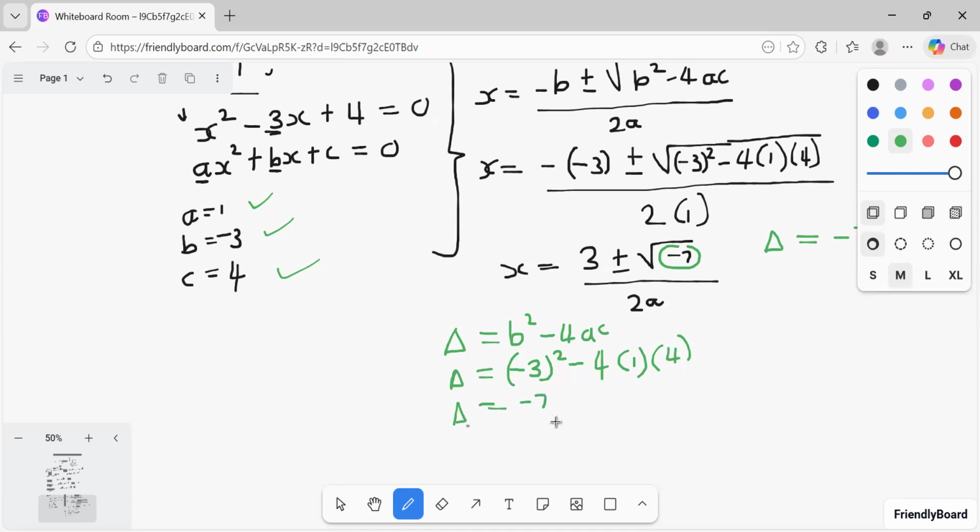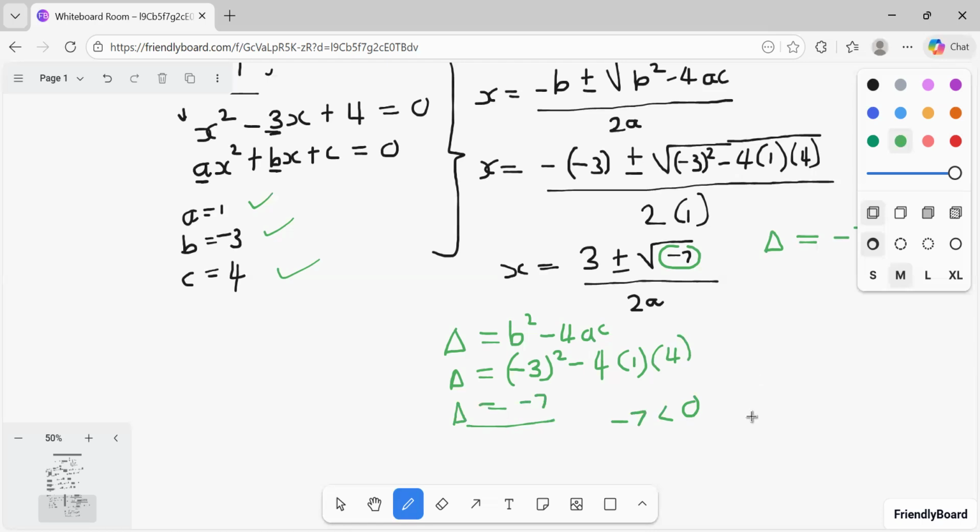You see that? Yeah. And you can see that negative 7 is less than 0. Negative 7 is less than 0. So if delta is less than 0, what does that mean?